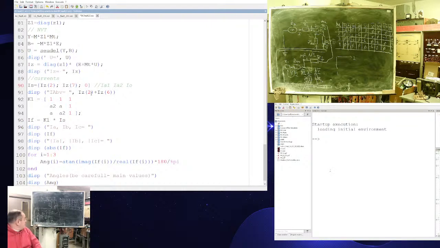A phase current in the place of fault. This will not... This can work only... We can check this simple check, but this will show me the load current.